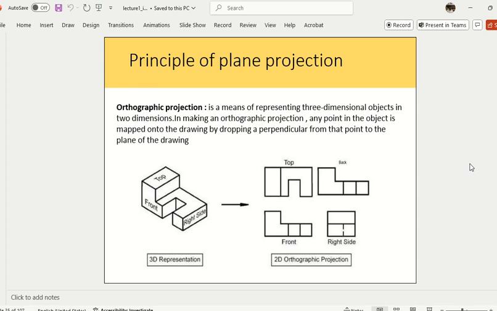This box is not full, so there is something hidden behind this side. I cannot see it if I am just looking from this side.